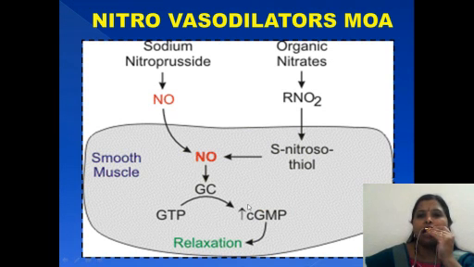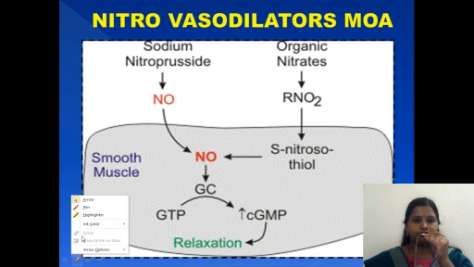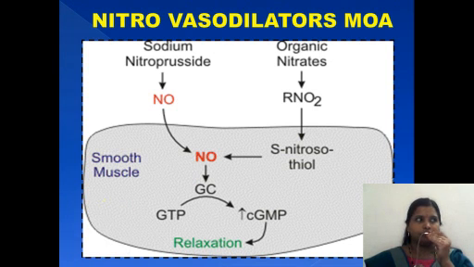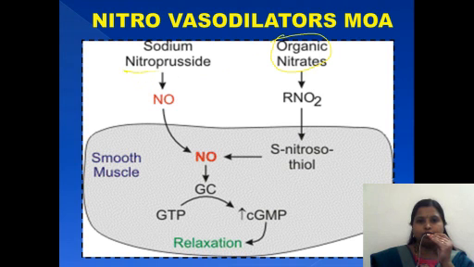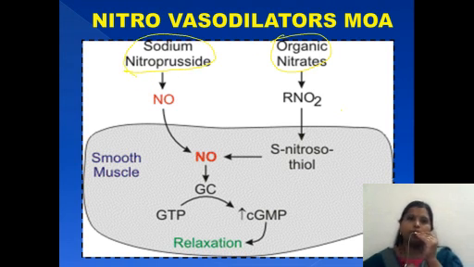In this picture, I have given 2 drugs. One is organic nitrates that I am talking about, and the second is sodium nitroprusside, which is a mixed vasodilator. So both these drugs act through the same mechanism.